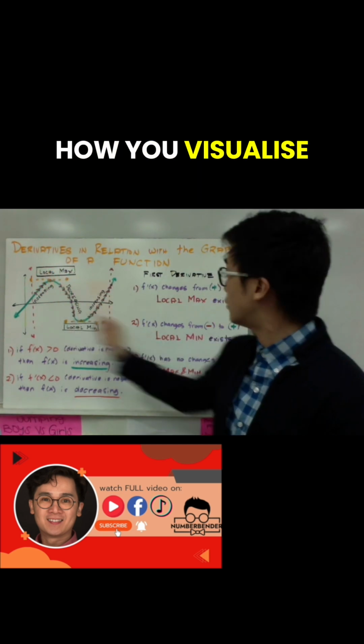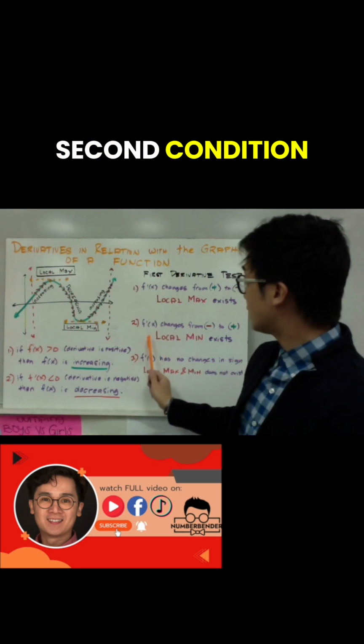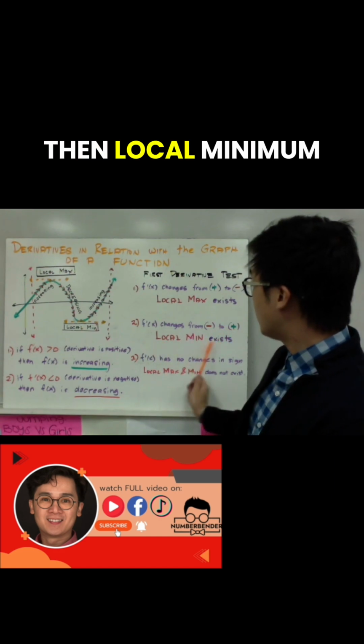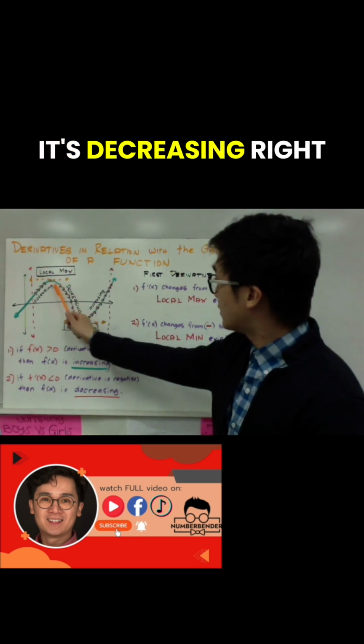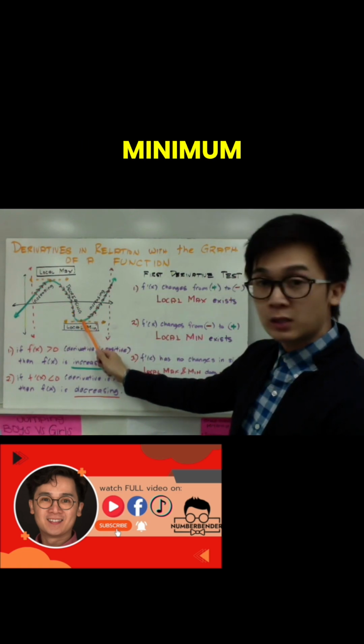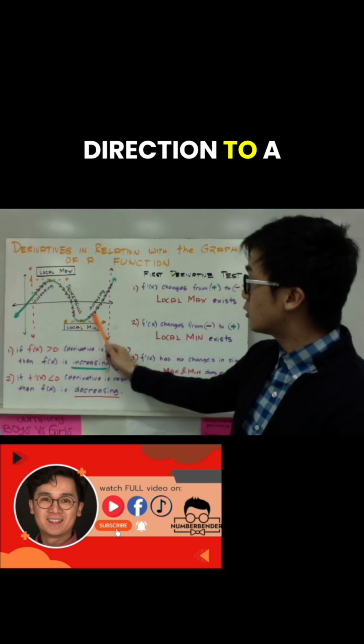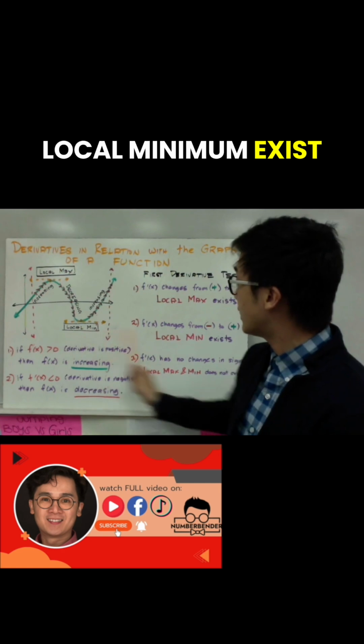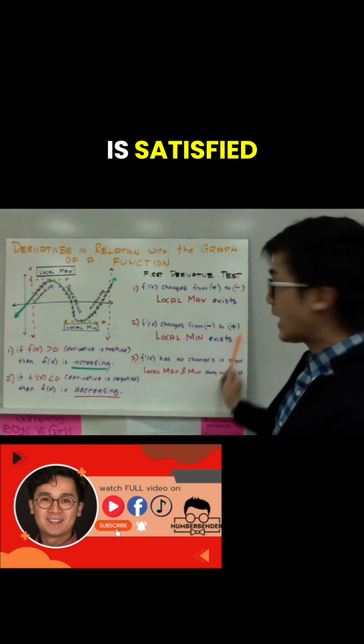For the second condition, if the first derivative changes from negative to positive, then a local minimum exists. When the function is decreasing, hits the local minimum, and changes to increasing, the local minimum exists.